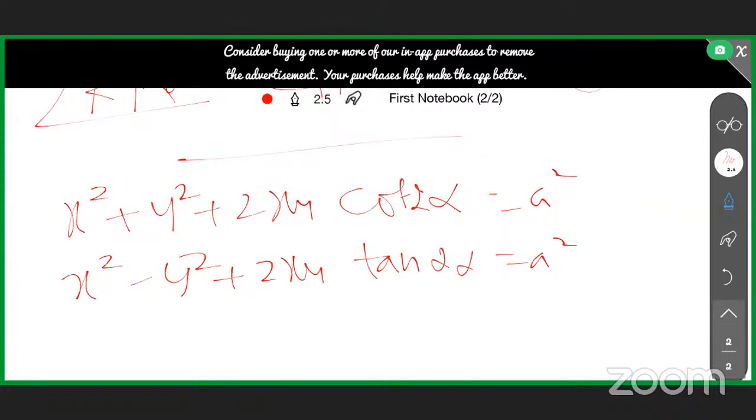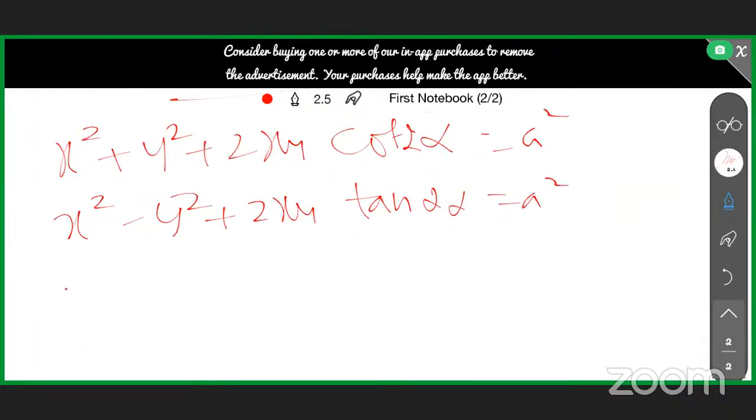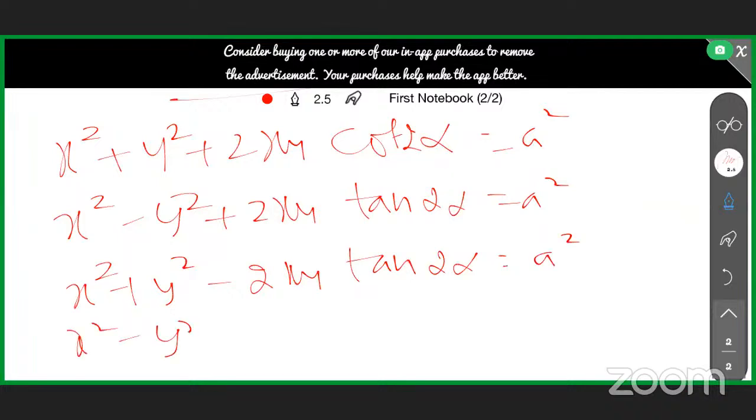Another option was x square plus y square minus 2xy tan 2 alpha is equal to a square. And x square minus a square plus 2xy cot 2 alpha is equal to a square. So which was the answer you got for the test?